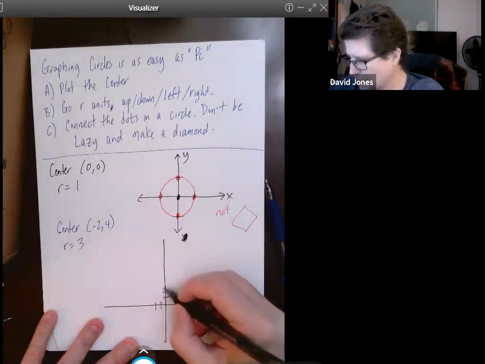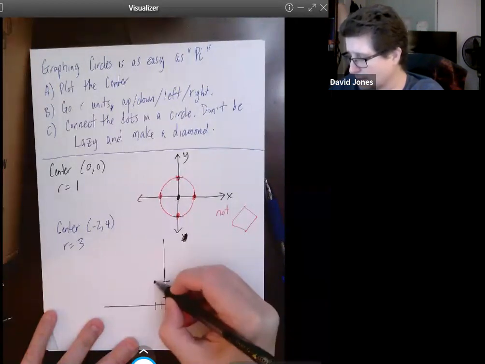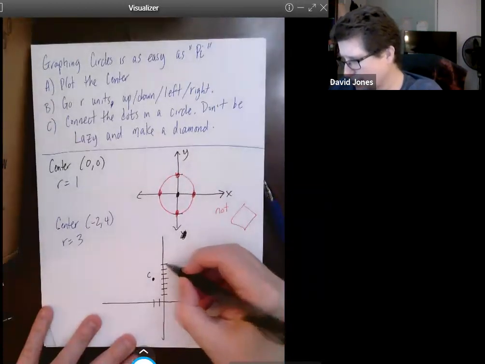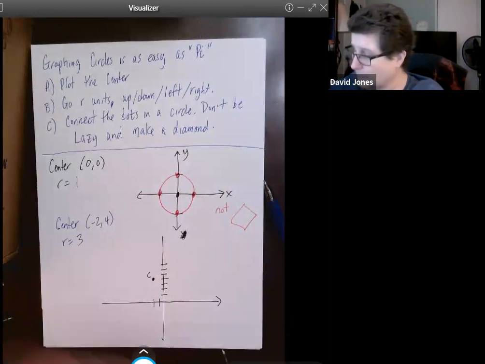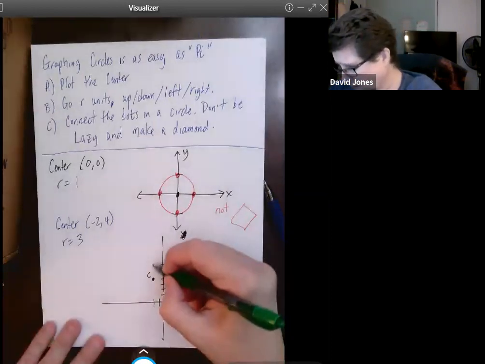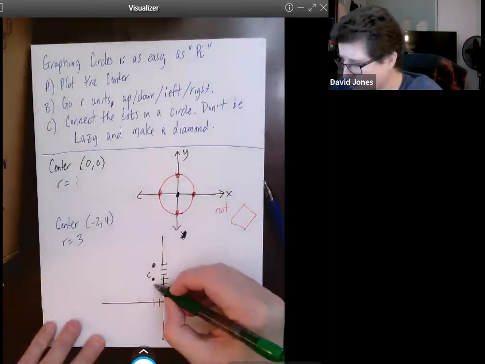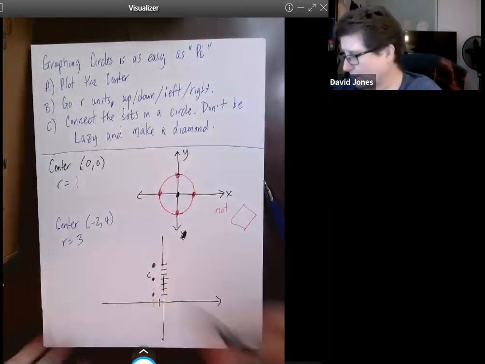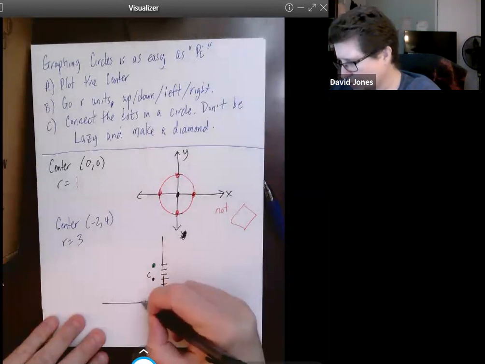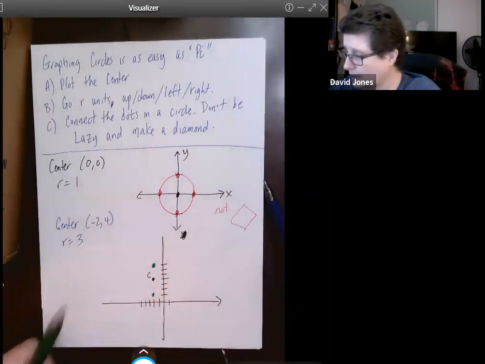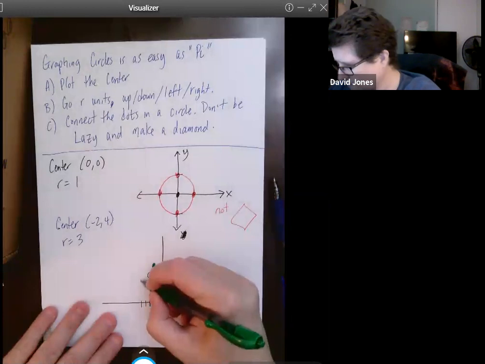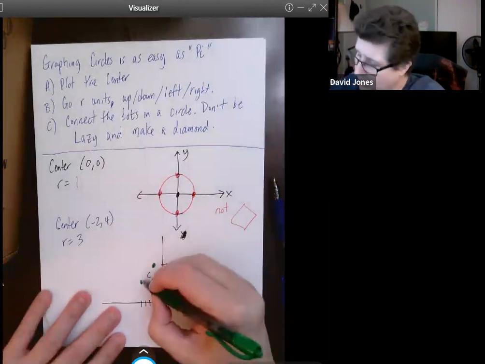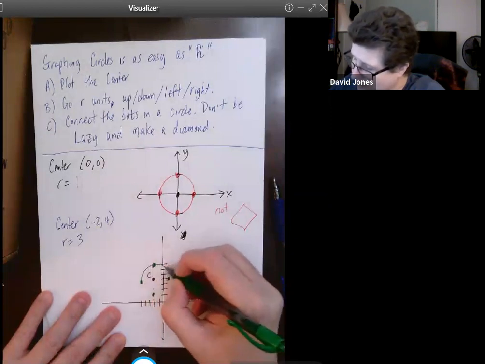So (−2, 4) is right there. That's my center. If I want to go 3 up, I need to add some more lines going up. Go down 3. If I want to go left and right, I need some more hash marks going left and right. And I'm going to go left and right 3, and I'll connect the dots in the circle.